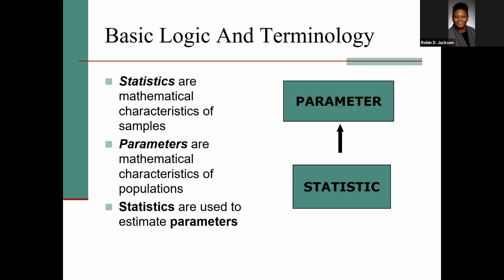A statistic and a parameter are similar in that they're both used to describe and discuss groups, but there are some differences. For instance, statistics are used to describe the characteristics of a sample, whereas parameters are used to describe the characteristics of an entire population.